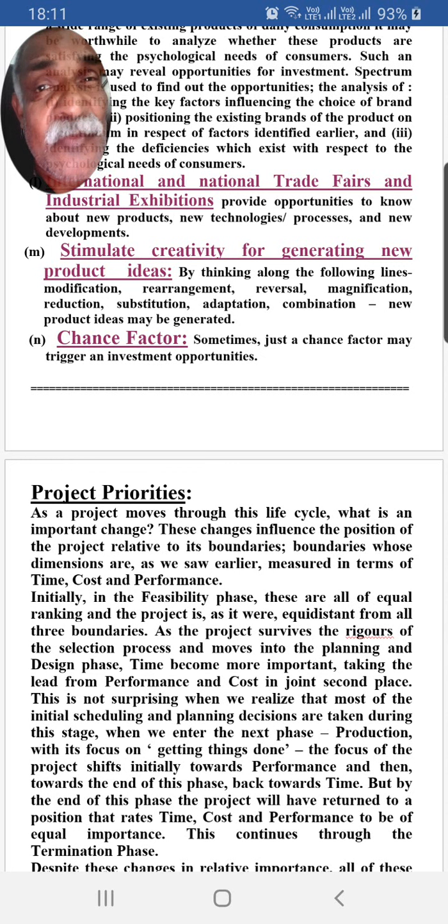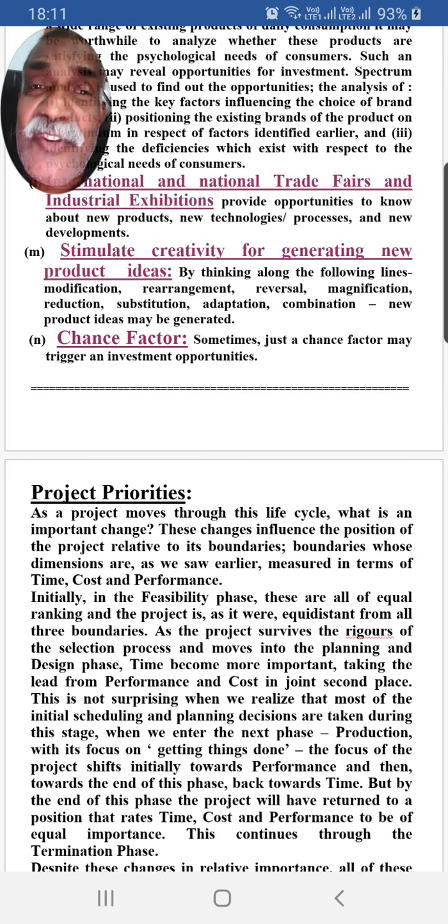Change factor is also very much important. Sometimes just as a change factor, we want to change our choice from Sprite to Coca-Cola, from Dove to Pears, from Dove to other products.